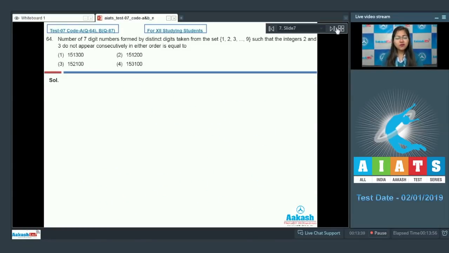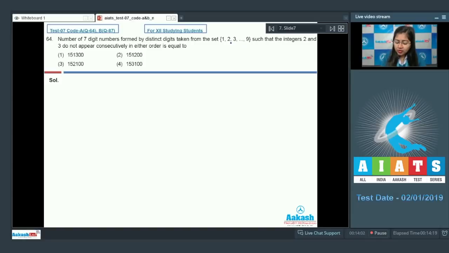Next is question number 64, which says that number of 7-digit numbers formed by distinct digits taken from the set 1, 2, 3 up till 9, such that the integers 2 and 3 do not appear consecutively in either order, is equal to. Now we have to find the number of 7-digit numbers, right?